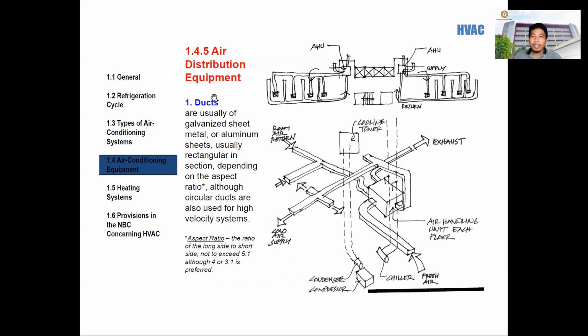So in CIT gymnasium, we have circular ducts. Also in Landers and SNR, they have circular ducts for their centralized air conditioning unit. For the aspect ratio, the ratio of the long side to the short side should not exceed 5:1, although 4 or 3:1 is preferred.